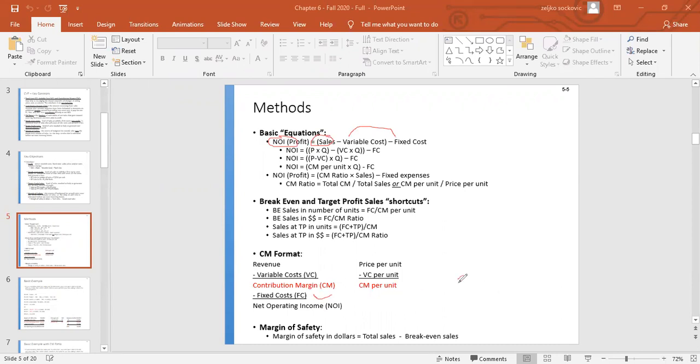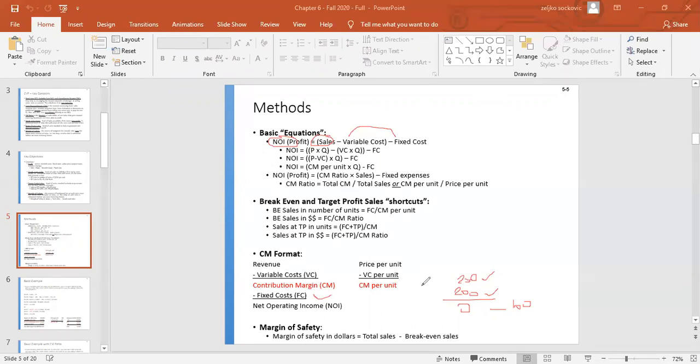So if contribution margin is 200, and your net operating income is 0, meaning break even, then that means your fixed cost is 200, but you covered it already with your contribution margin. You had to cover it, otherwise it would be negative here, negative 10 or 20 or 100 or whatever, right? So fixed cost is not an issue, but these sales that you have above break-even sales are not purely your profit.